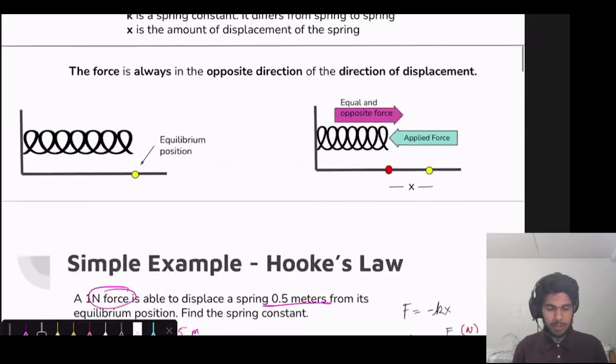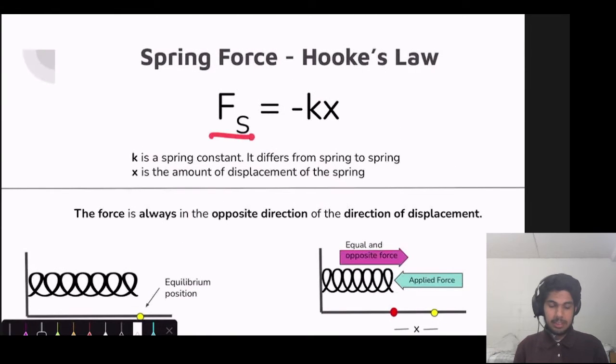If we go back to Hooke's law, this is what we're graphing on the y-axis, this is what we have on the x-axis, and x is being multiplied by this negative k, which is just a constant. So if we suppose F_s is y, and k is just some constant, then x, we have y equals kx, which we expect to be a straight line.